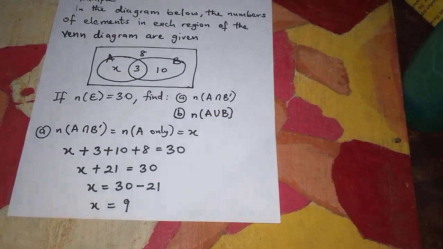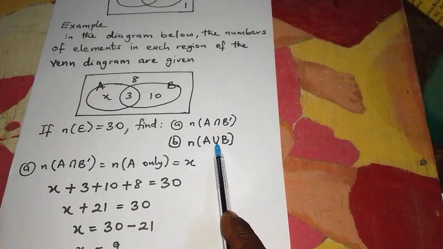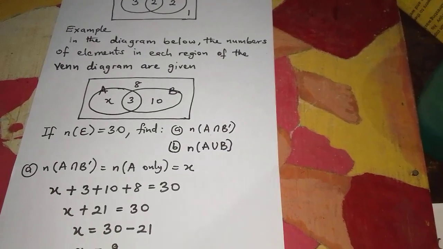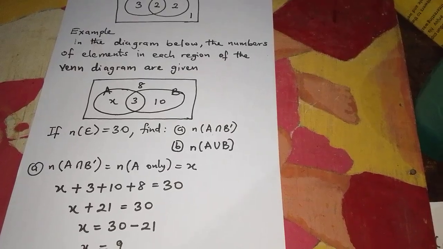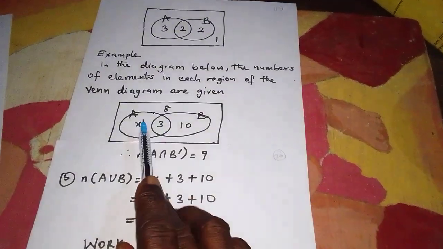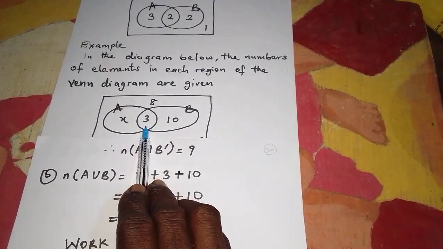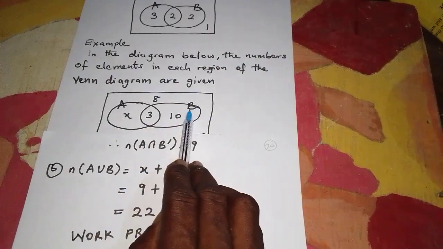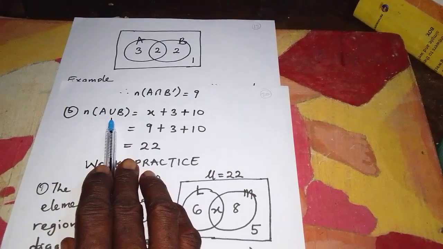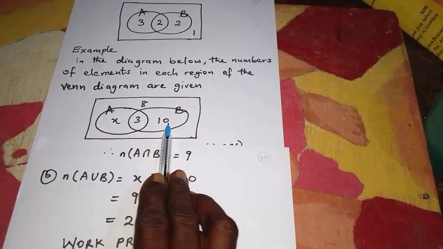Now, the second part of the question says number of elements in A union B. So the number of elements in A union B, that means you add everything in A, plus what is in A intersection B, and what is in B. So the number of elements in A union B is X plus 3 plus 10.